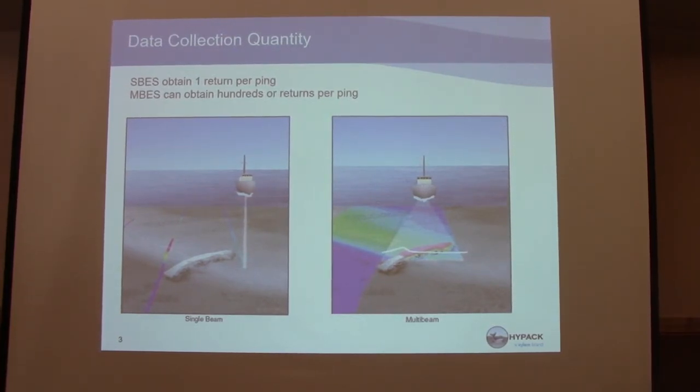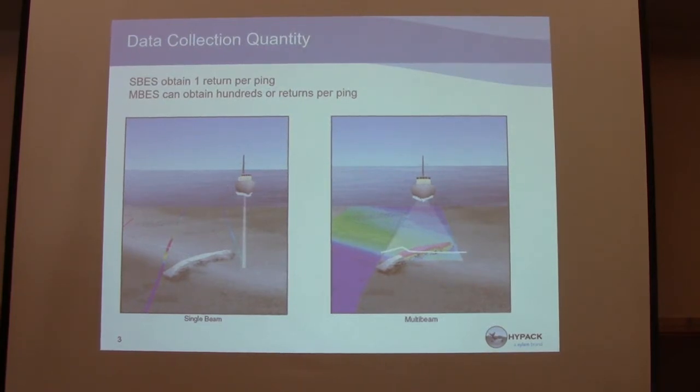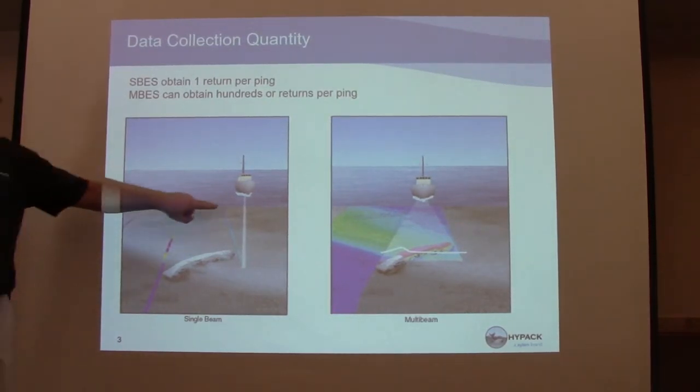A consideration you'll have to make is running the performance tests that HYPACK has, to see what your standard deviation is based on your beam angle. Typically the outer beams are less accurate than your nadir beam, the vertical-most beam.